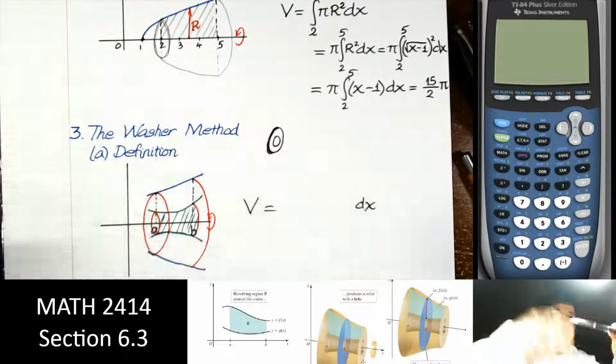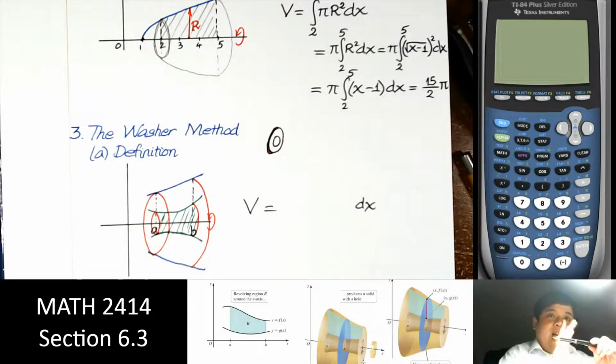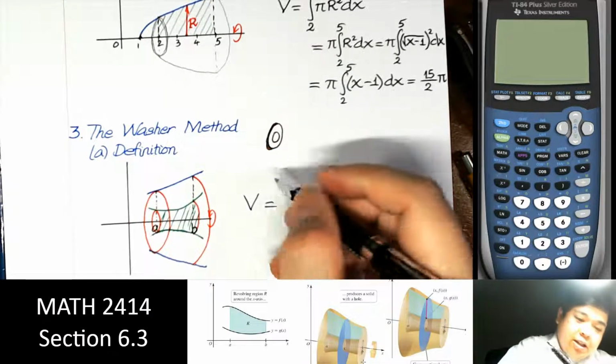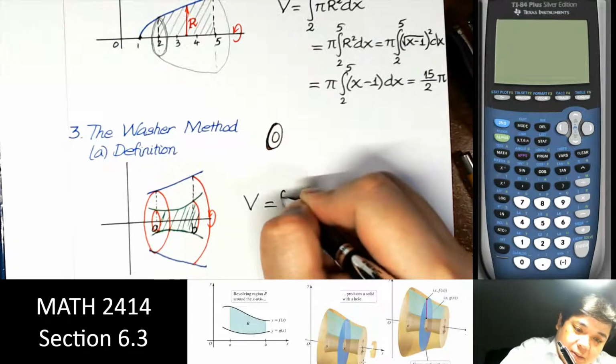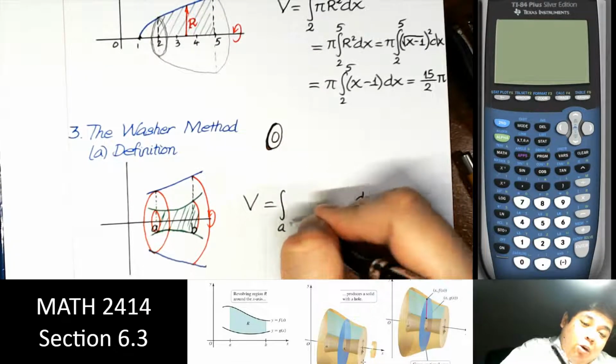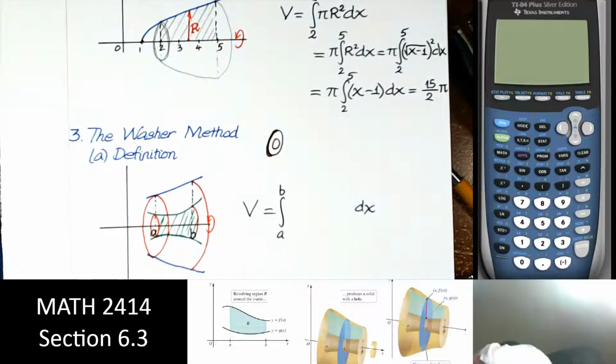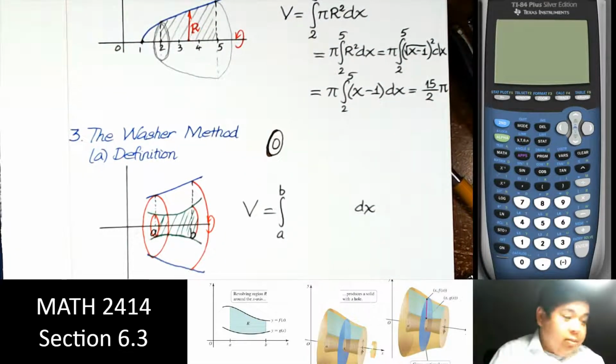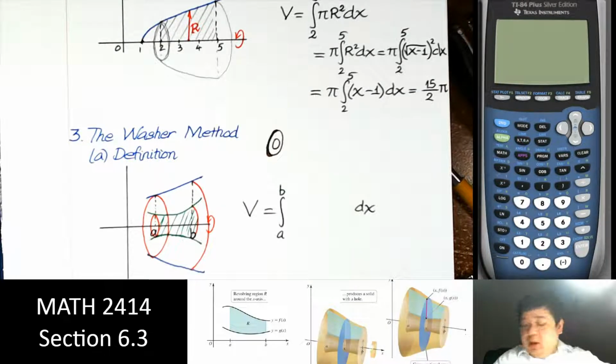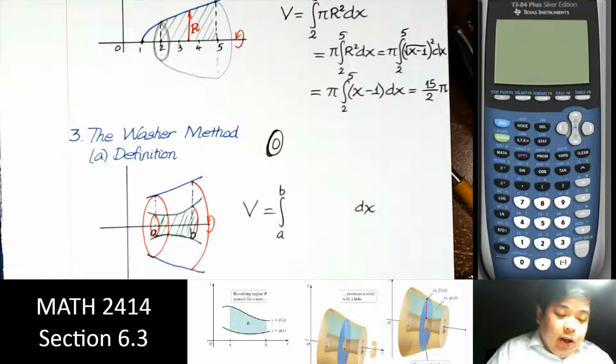We chop perpendicular to the axis of rotation, so it's going to be dx. Integral for x from A to B.